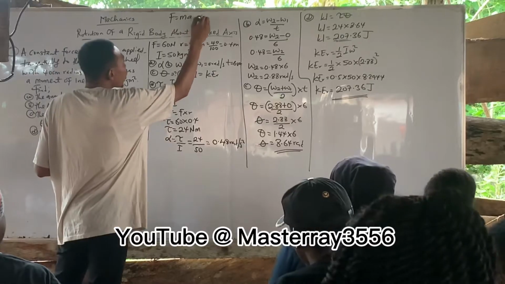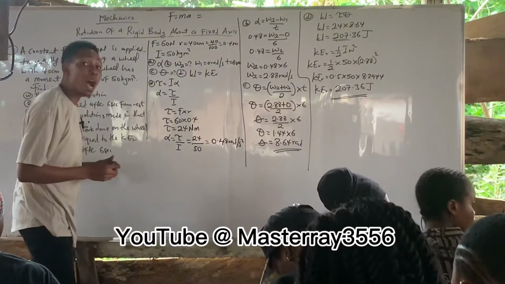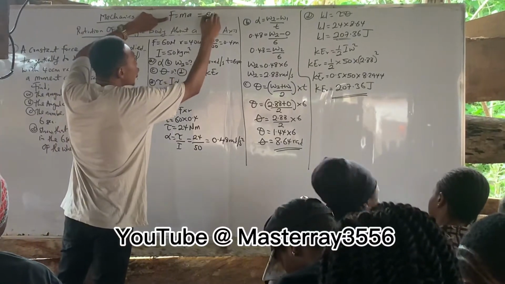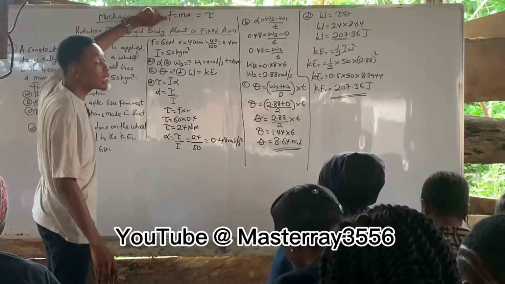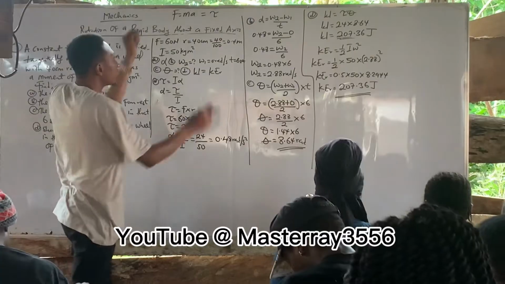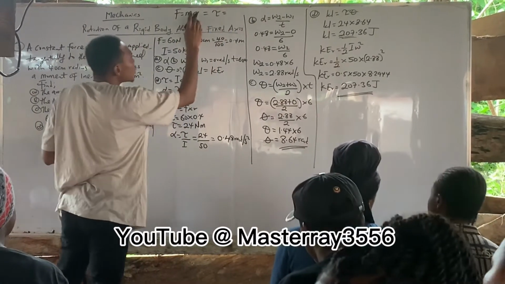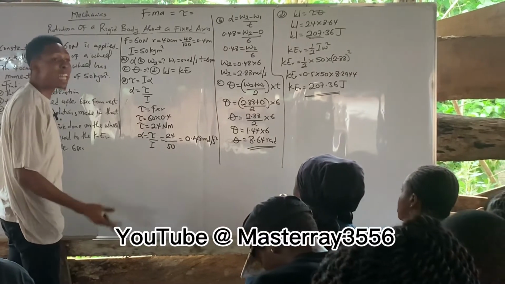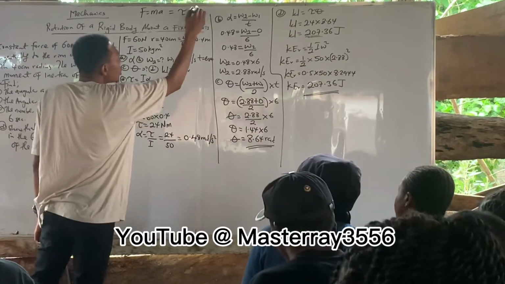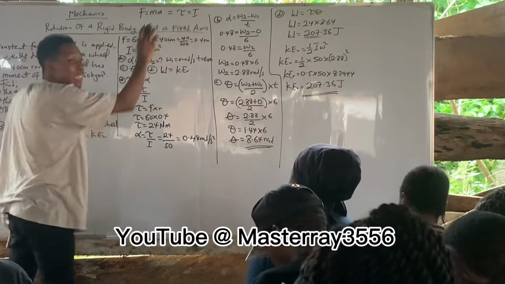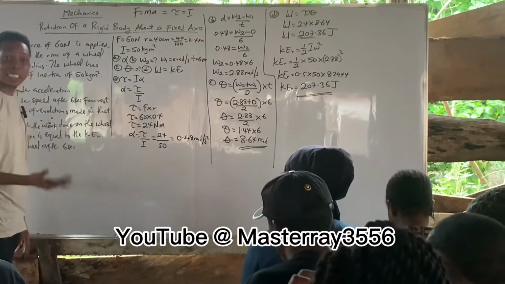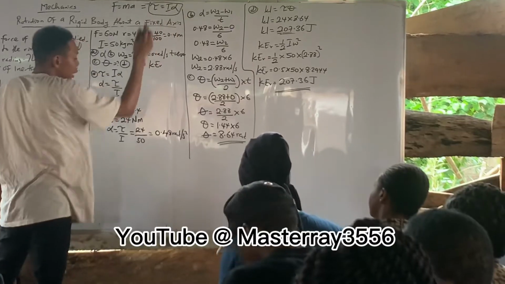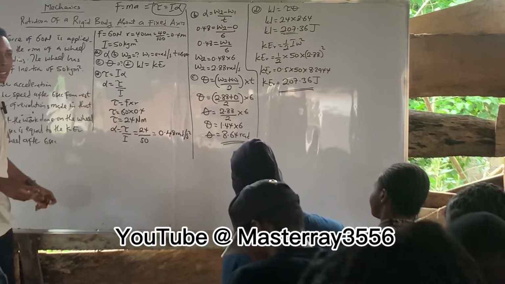So when you are converting this back to angular, I told you that your force is setting as torque. Then mass is setting as moment of inertia, which is your I. And A is setting as angular acceleration, which is your alpha. So that is how they got that, which is this. Is that clear?